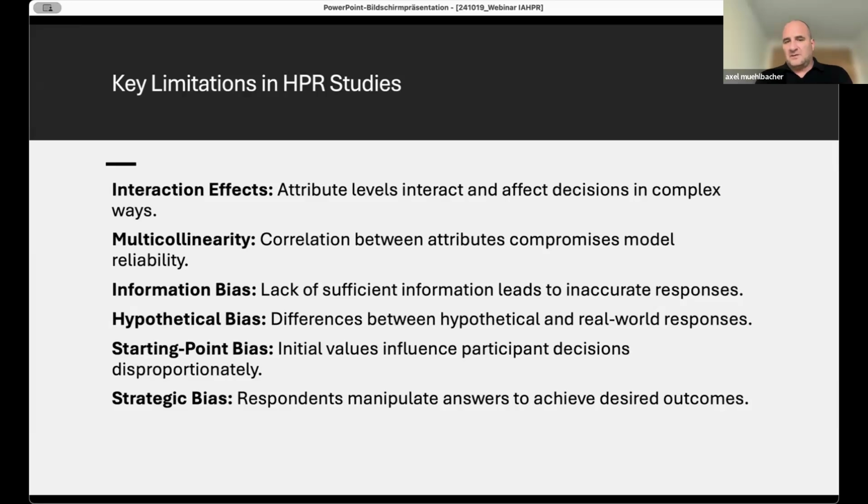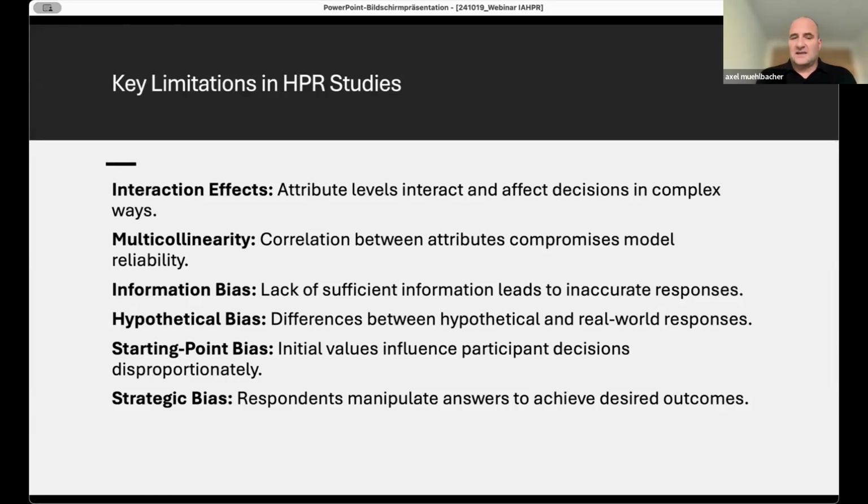Things like starting point bias, like confronting participants with initial values, might influence the participants' perception of attributes and levels, and therefore the decisions might be disproportionate and not reflect real decisions in real time.